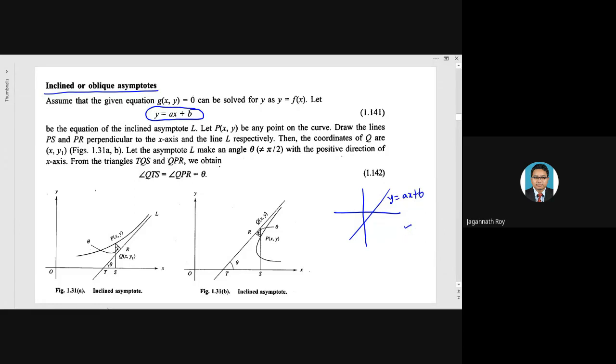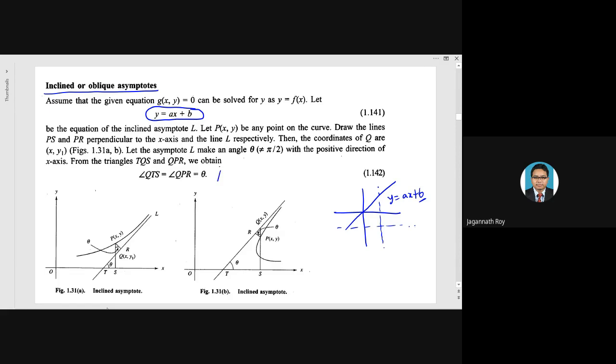In fact, if b equals 0 also, then it will pass through the origin. It can pass through the origin also, no problem. But the thing is, it will be inclined, neither a horizontal line nor a vertical line. It will be an inclined line.